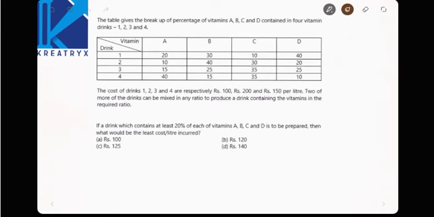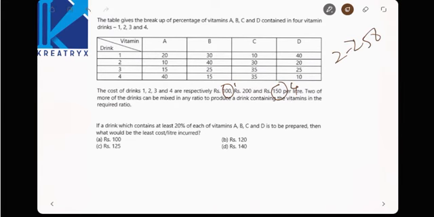Okay. Next question. If a drink which contains at least 20% of each of vitamins A, B, C, D is to be prepared, then what would be the least cost per liter incurred? Each drink must contain at least 20% of A, B, C, D, and it must be least cost. Least cost is drink 1, and the next least cost is drink 4, as drink 2 is 250 rupees, right?